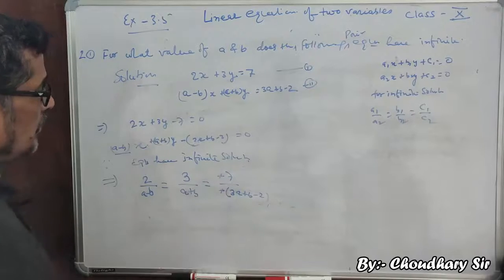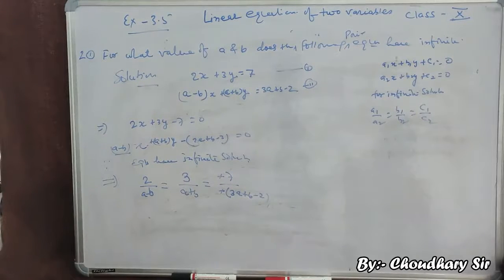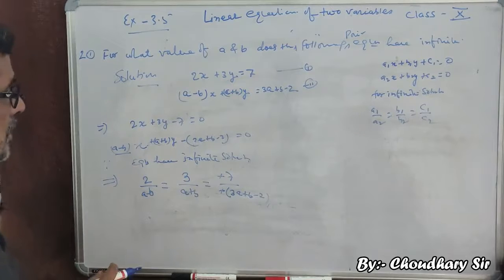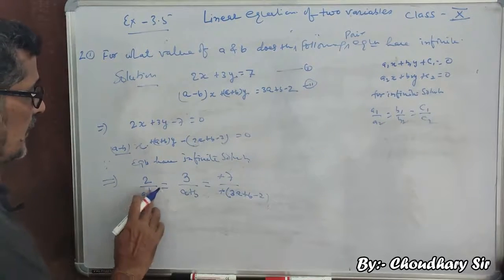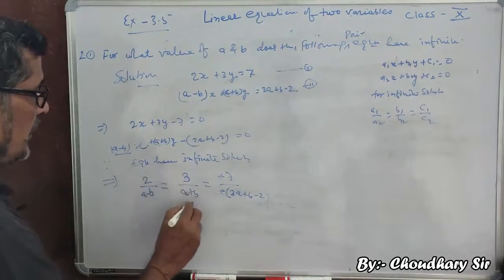This minus cancels with this minus. Now by cross multiplication we find.